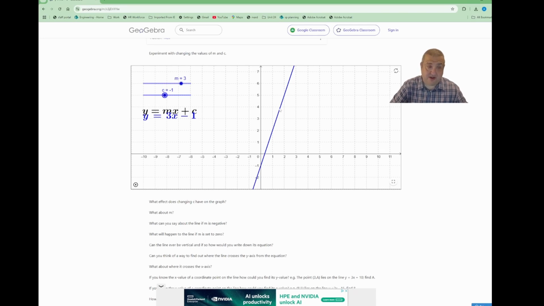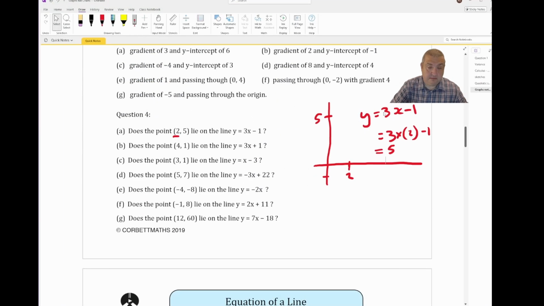So it definitely does go onto it because that's the point there, 2 and 5. So if we substitute the value 2 into x here, then this becomes 5, and that definitely lies on that line.